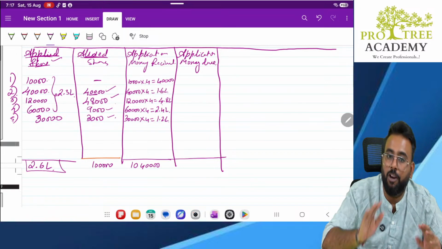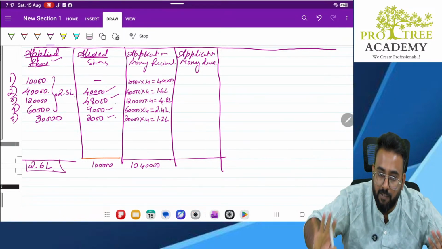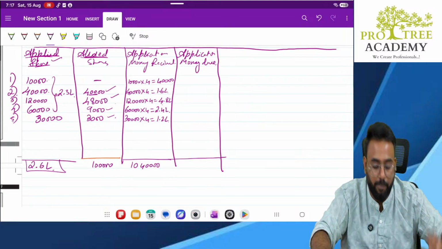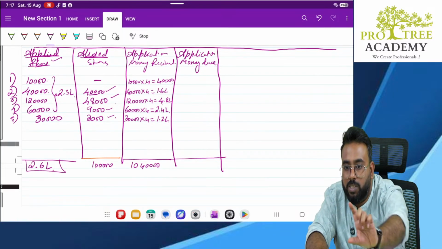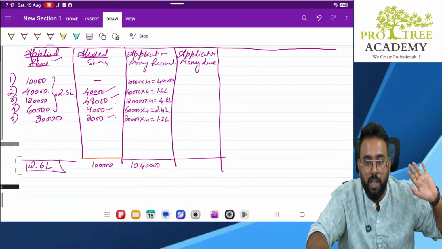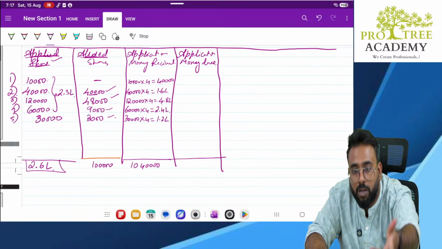How many shares have been allotted, to that extent they should have paid. Correct or no? How many shares has been allotted? Only that much was the application portion which was due. But because they have applied more, they have paid more.